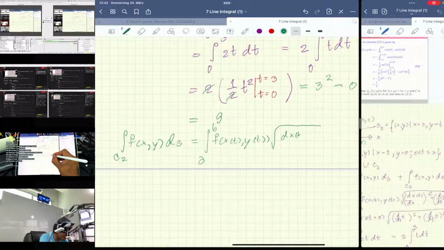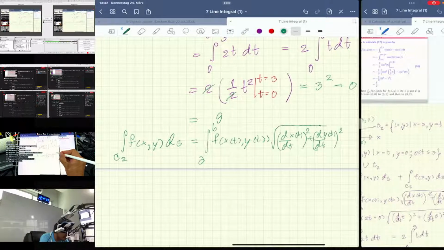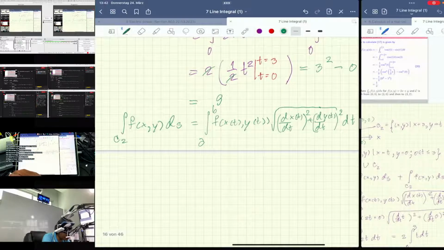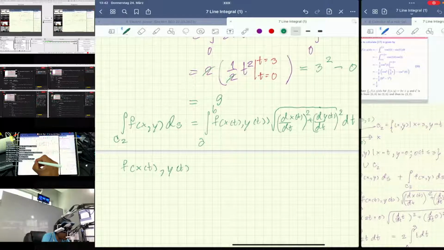dx(t)/dt squared plus dy(t)/dt squared, and dt. All right, and yes, of course, you know that if (x(t), y(t)) is 2x plus y, this is 2x(t) plus y(t).